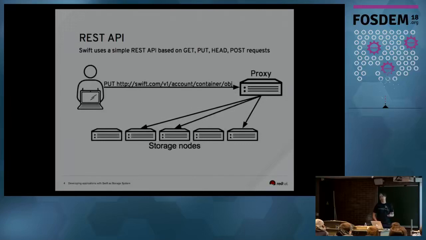The proxy then in the background talks to your storage servers, and in this case makes sure that every object is sent 3 times to the storage nodes and stored in a durable way. So when I talk about a Swift cluster in the following slides, I'm basically talking about interacting with a Swift proxy, because that's the endpoint for the application.